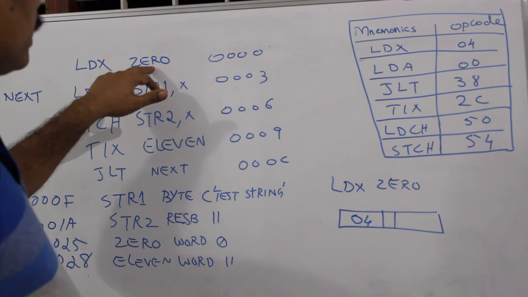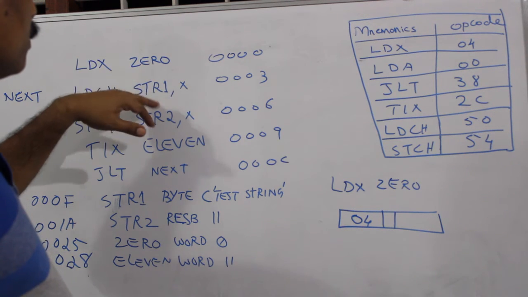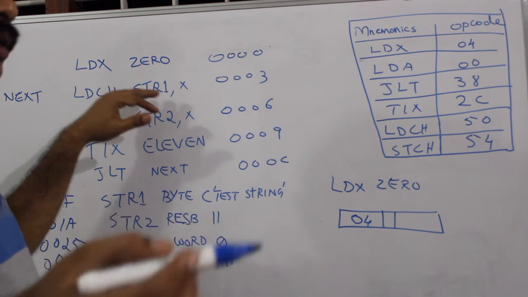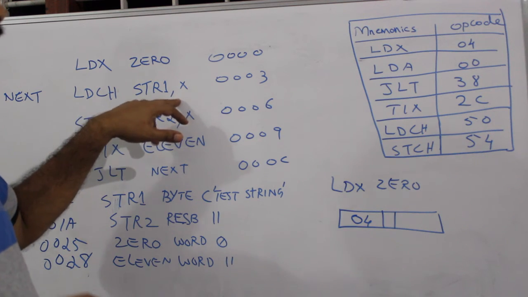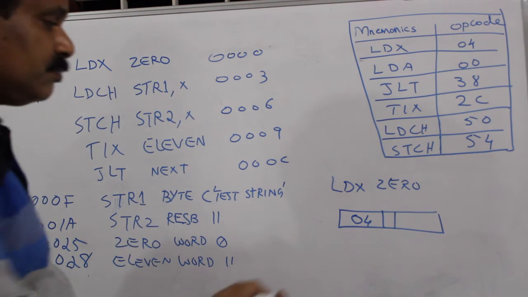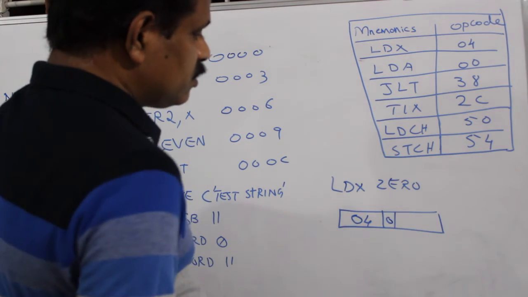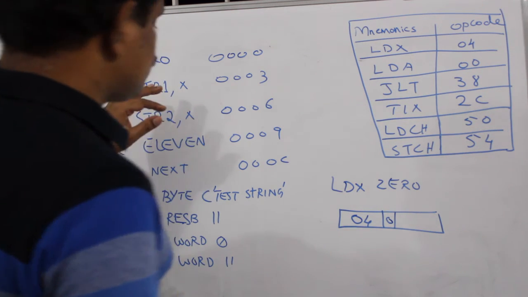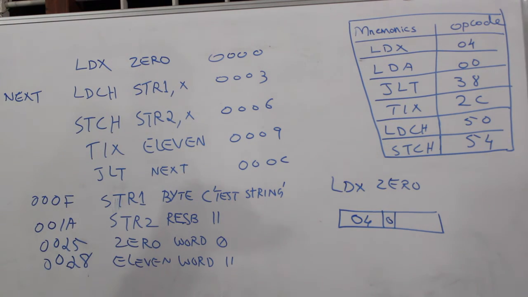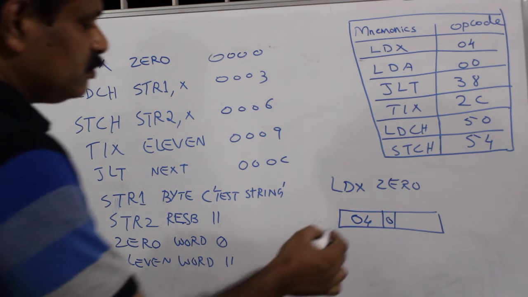What is the addressing mode? Direct addressing. If it was indexed or indirect addressing, it would be represented like this. So this is direct addressing, so it is 0. And what is the address? The address of 0 is 0025.